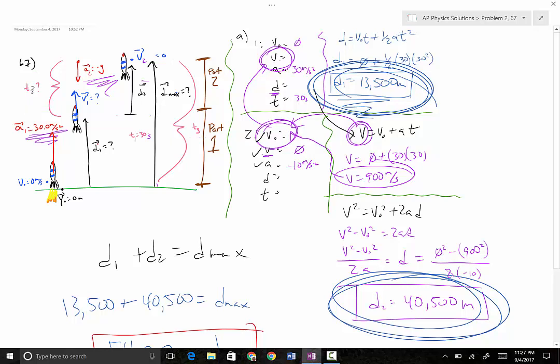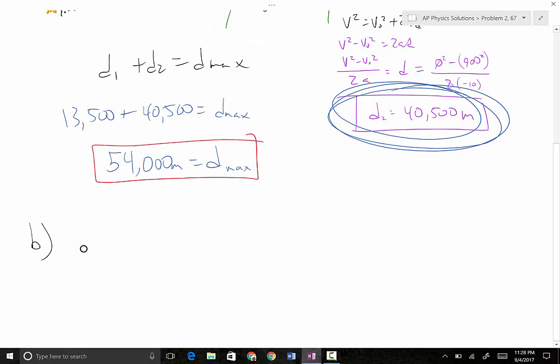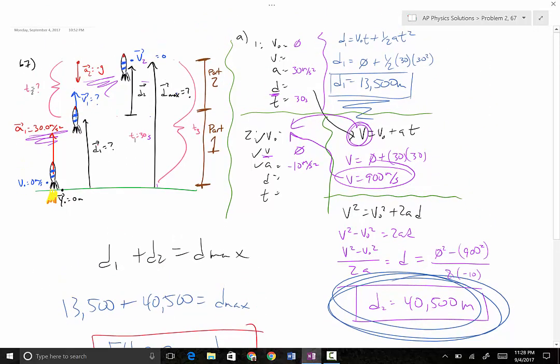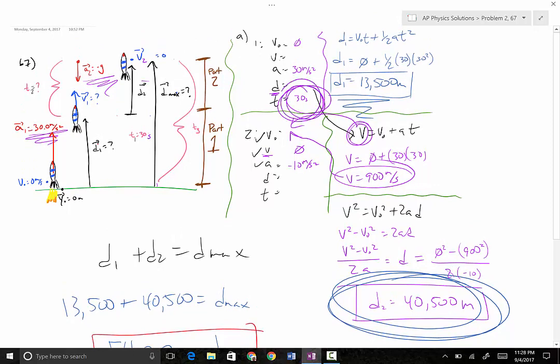Alright, so the first thing I'm going to do is use my V equals V naught plus AT here because I'm going to solve for time. So I'm going to use this again for part 2. I know for part 1 that the object travels for 30 seconds.